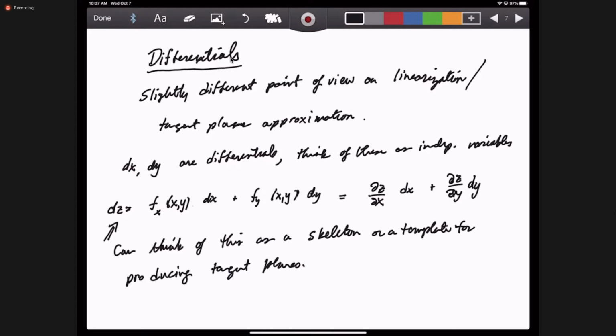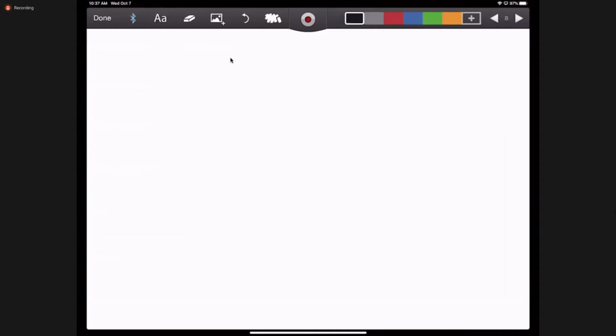Right, if we restrict to a particular point, x equals a, y equals b, and evaluate this right-hand side, we get the linearization of our function at that particular point. Okay, so there's a little bit more notation.